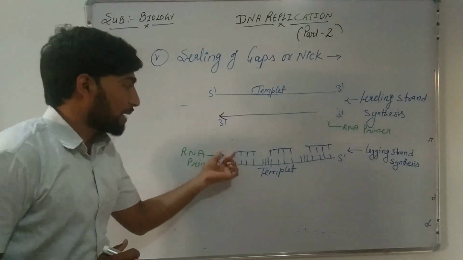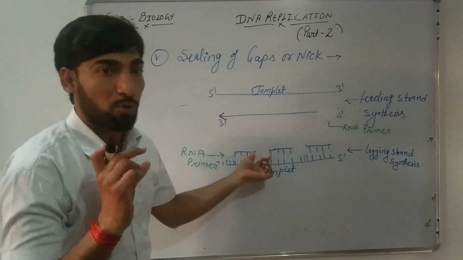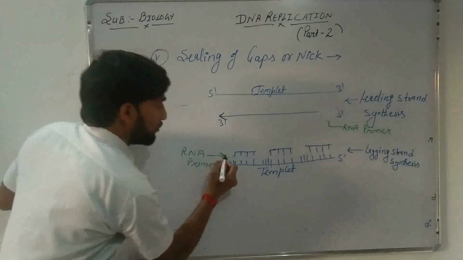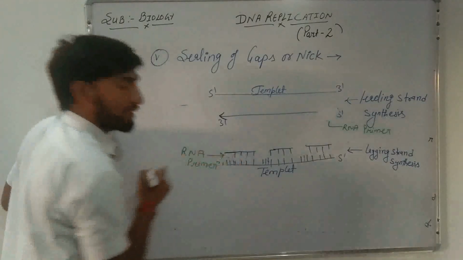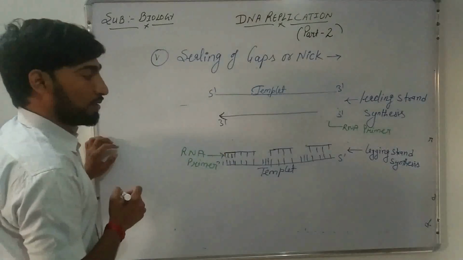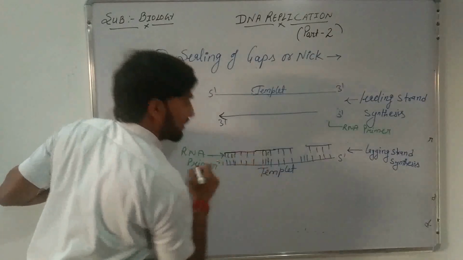So these gaps are sealed with the help of DNA polymerase III enzyme and ligase enzyme. The DNA polymerase III enzyme adds the nucleotides on the basis of complementary base pairing, and the ligase enzyme seals these gaps.